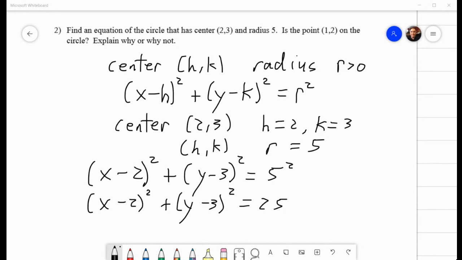So we want to know if the equation is true when x is replaced by 1 and y is replaced by 2. In other words, we want to know if the point 1, 2 is a solution to the equation. Because if it is, then it's on the graph, on the circle, I mean. And if not, then it's not on the circle. So let's check.